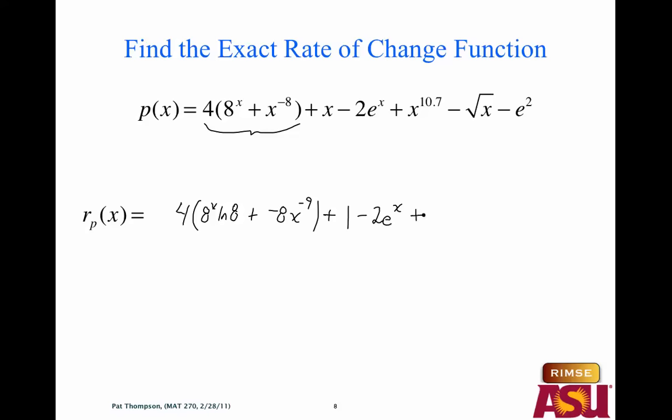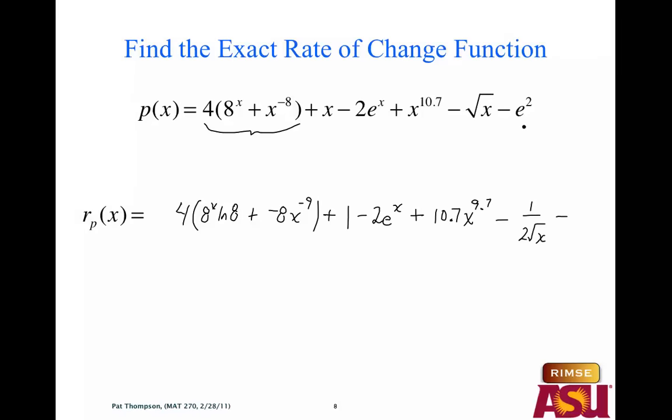Plus the rate of change of 10.7x. Power rule says 10.7 x to the 9.7, minus 1 over 2 radical x. Or if you want to do 1/2 x to the minus 1/2, it's the same, that's fine. Last one, e squared.